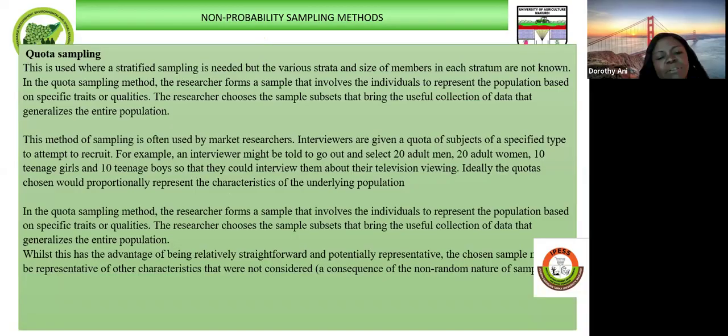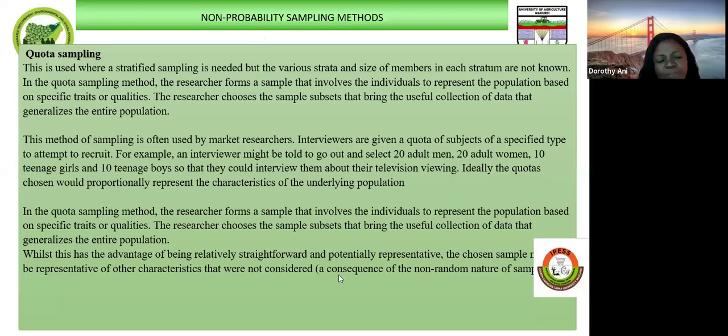So that is how quota sampling goes. You don't know the number, you don't have a sampling frame here, but you want to study, your study will not just be one group. You are studying so many groups inside that population. I don't know whether I have said something meaningful.